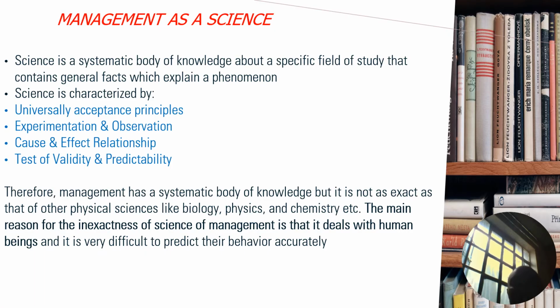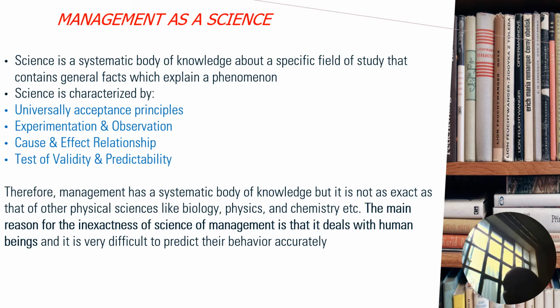Good. Now we analyze whether management is a science. That is why we have a subheading on management as a science. We start by asking ourselves, what is a science? When is a discipline referred to as a science?